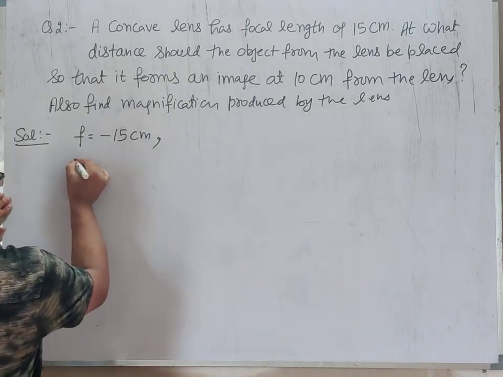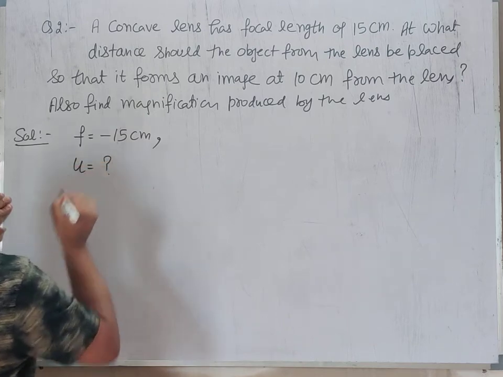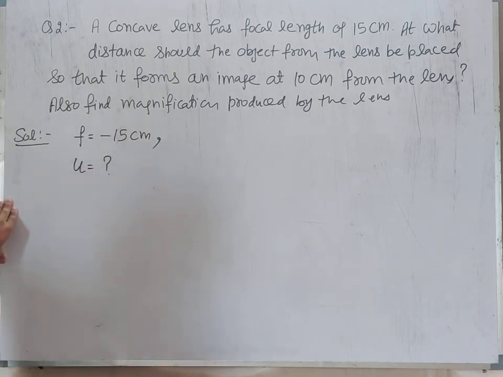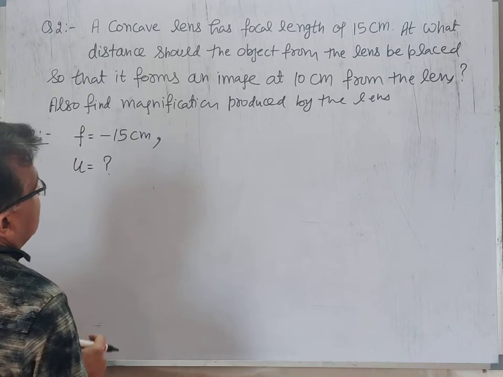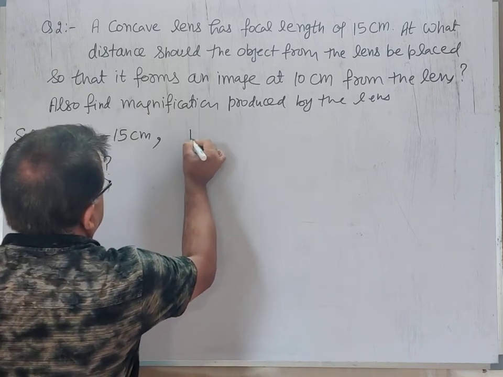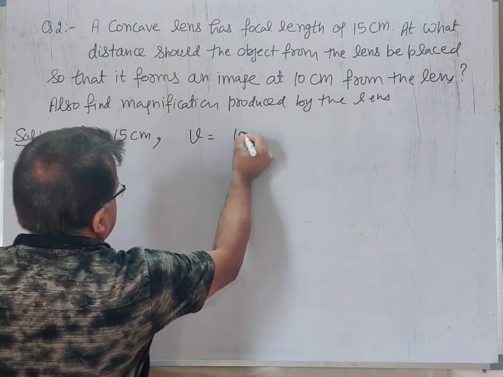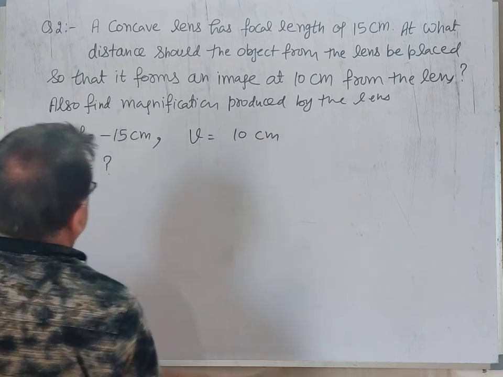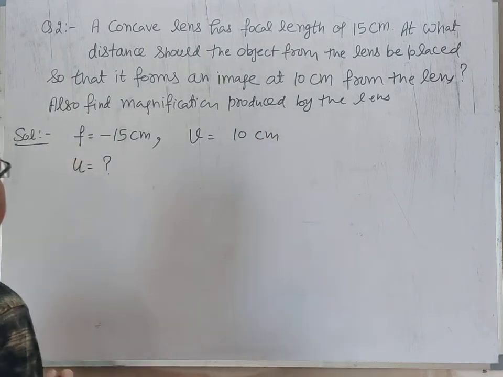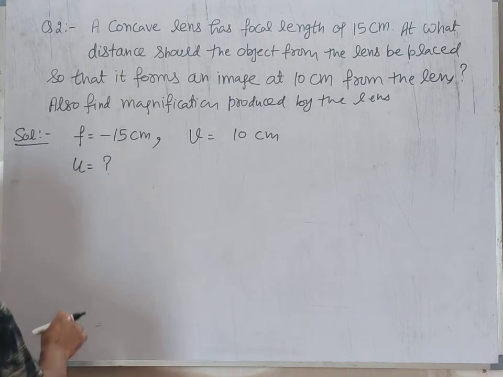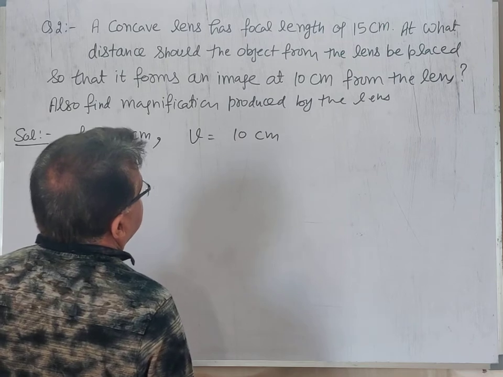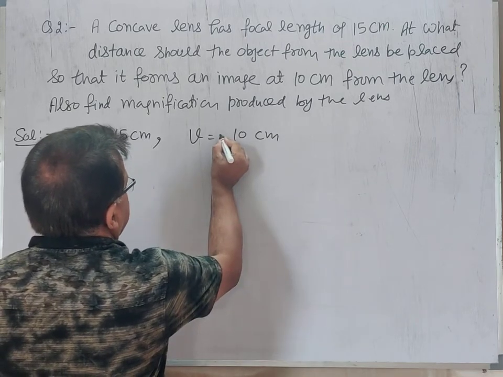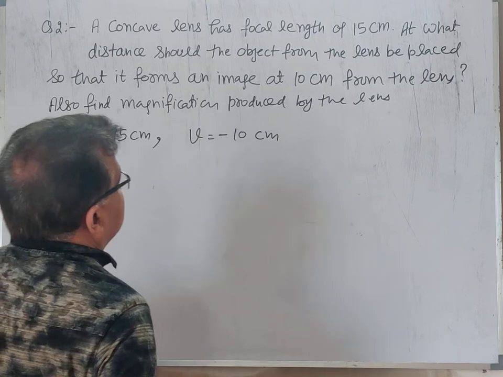He is asking the distance of the object, that is u. So that it forms an image at 10 centimeter. Here the image is formed at 10 centimeter from the lens. It is a concave lens, and you know that a concave lens forms only a virtual image. So therefore there will be a minus sign. So it is minus 10 centimeter.